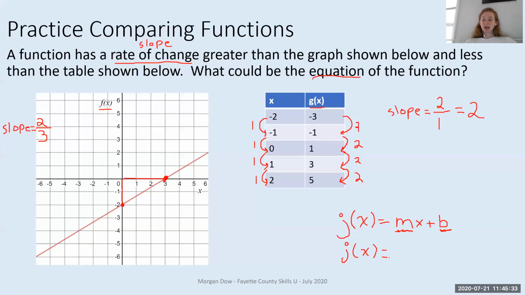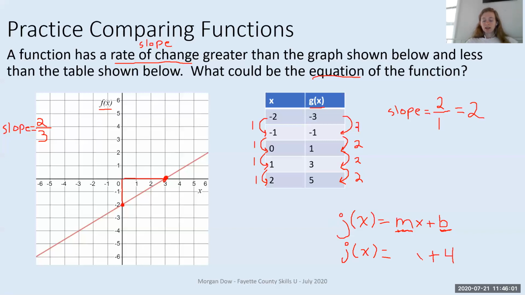We can pick absolutely any number we want because this question is just asking us to pick a function that's in between these two slopes. So we really just care about the slopes. The y-intercept is totally up to us. So again, you could pick absolutely any number you wanted. I'm just going to keep it simple. I'm going to say +4. Why not?